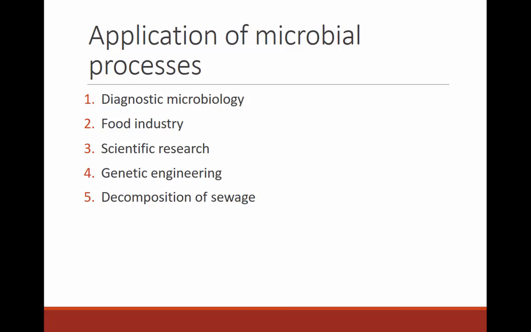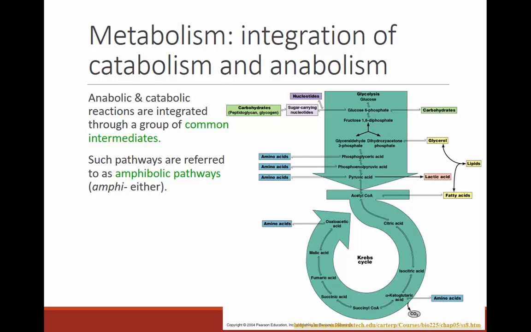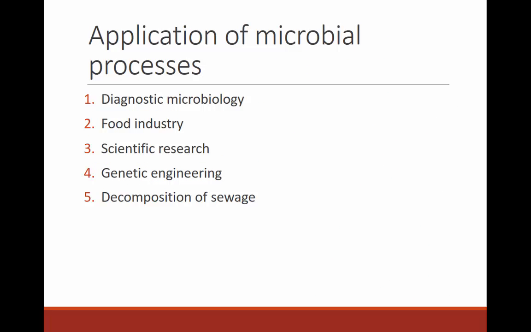Now, to just break down, we've looked at both the catabolism and anabolism, so you know where they can diverge in here. So why do we care? Because we can use those characteristics for diagnostics in microbiology. In the food industry, obviously fermentation is a big thing.